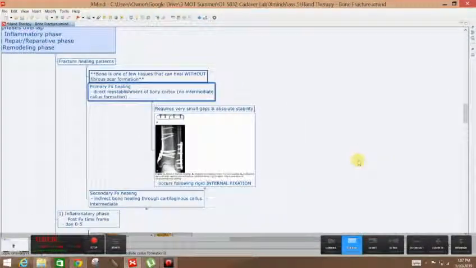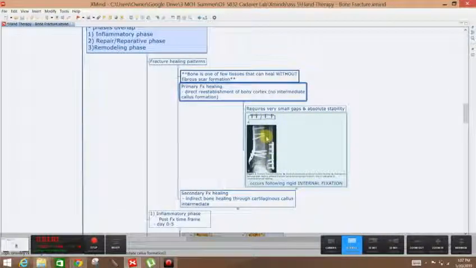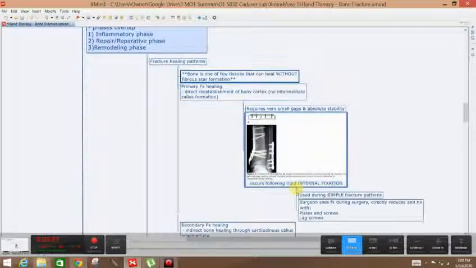It usually occurs with simple fractures that are internally fixated. Without internal fixation, it usually ends up being secondary fracture healing, because primary requires very small gaps, a millimeter gap or so, and absolute stability, no motion at all within the area.